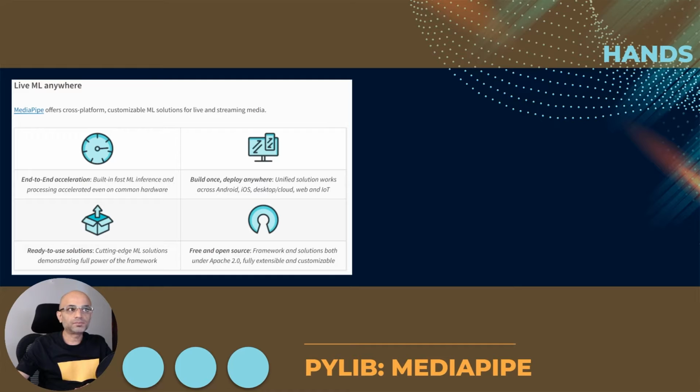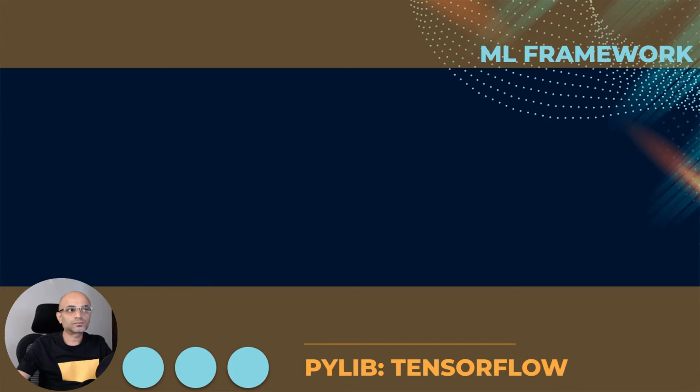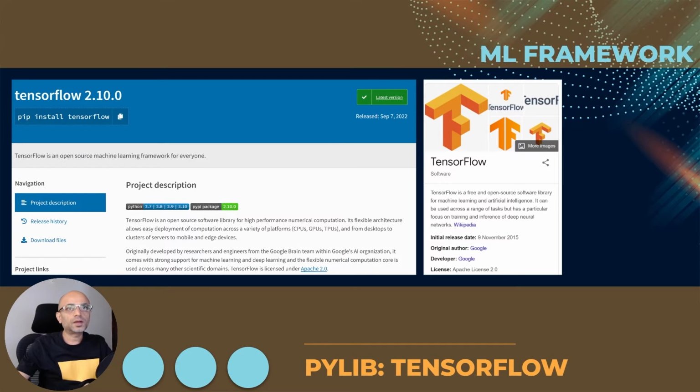MediaPipe is a very fast library, so it can easily run on my laptop. And TensorFlow is an ML framework library released by Google as open source in 2015.